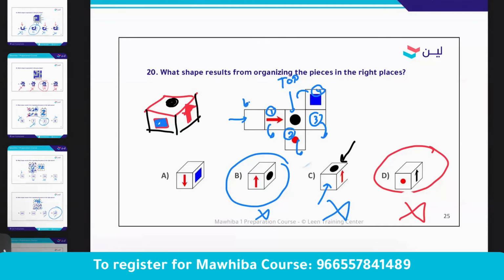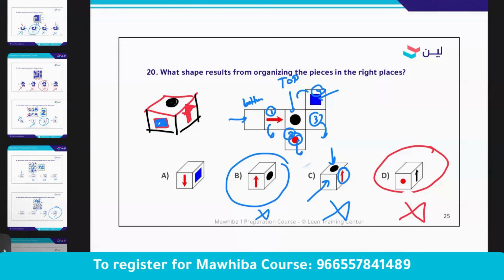What about this side? It's the bottom. So this means if the black circle is on the top, the sides must be the red arrow, the red circle, or the blue square. None of them is over here. So this means the right answer is not C.